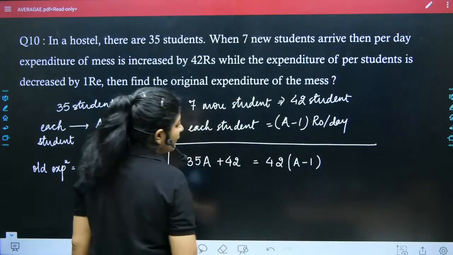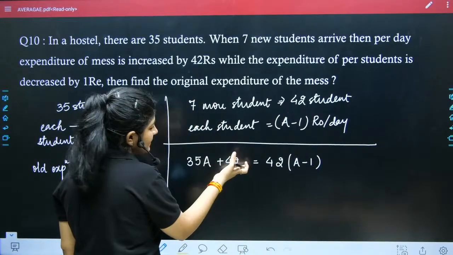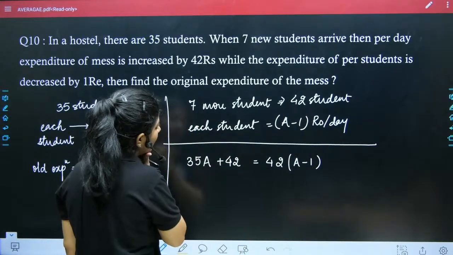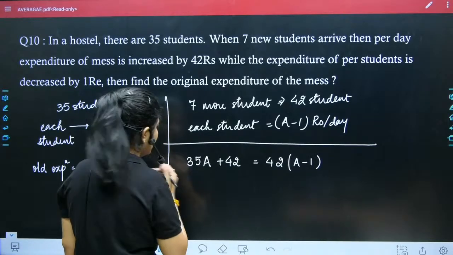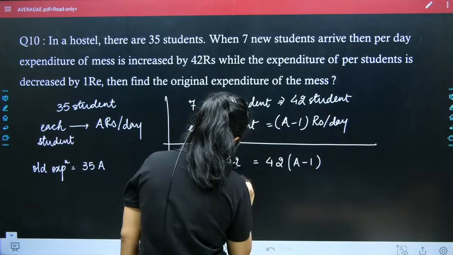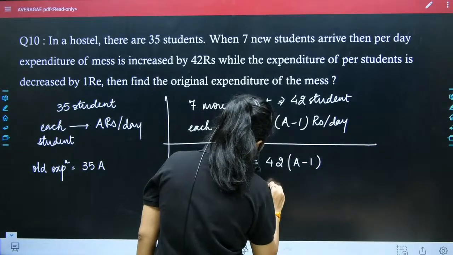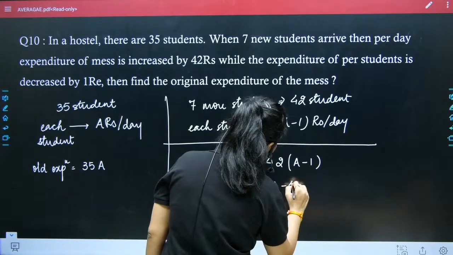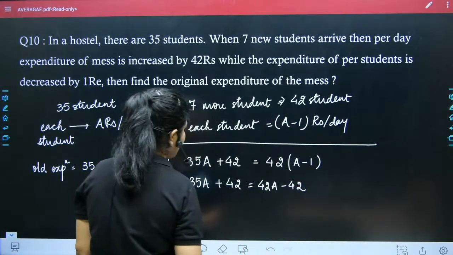Now we just simply have to solve this equation and calculate the value of A, and I can write it as 35A plus 42 equal to 42A minus 42, right?